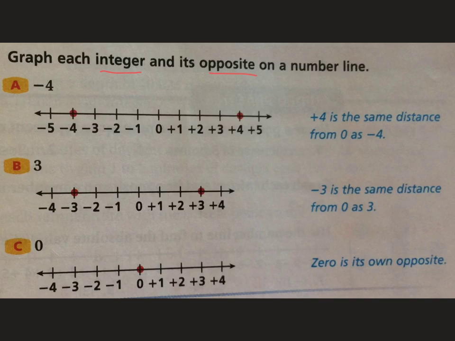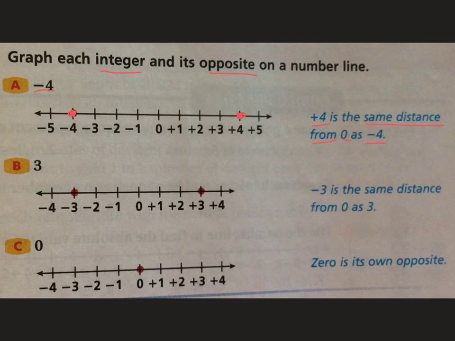Now, I had to take this picture from my math book, and so the answers are already on there. Okay, so I have to graph negative 4 would be right here, and then its opposite would be positive 4. Positive 4 is the same distance from 0 as negative 4. They're both 4 units away.